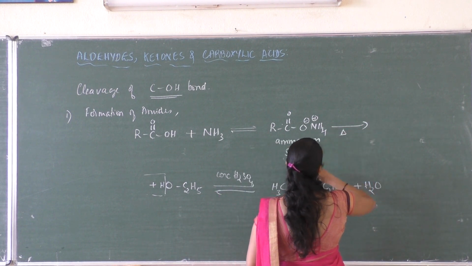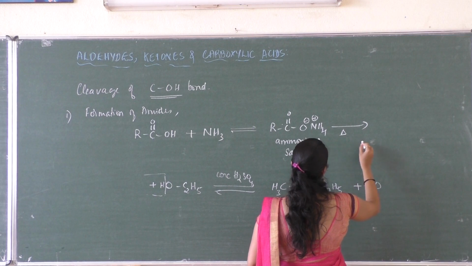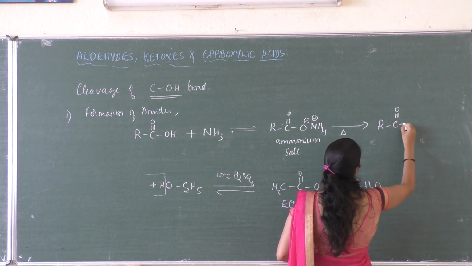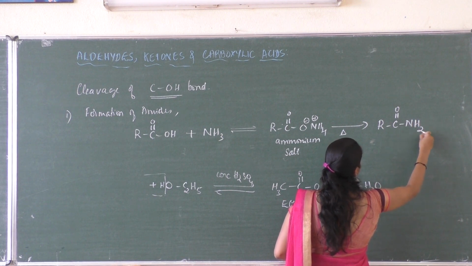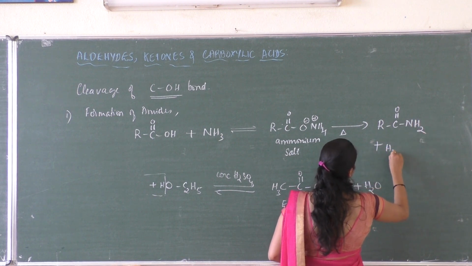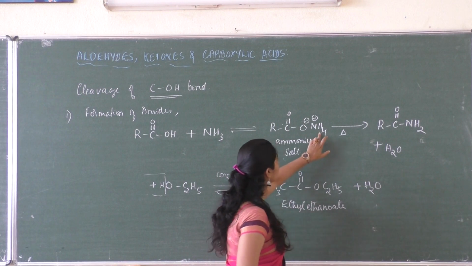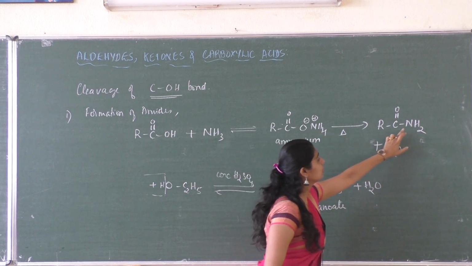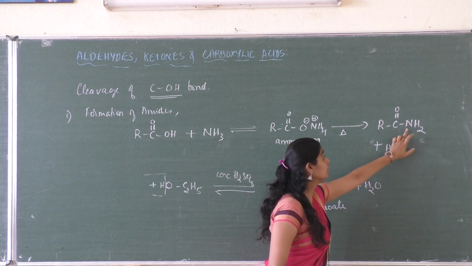When you heat that, a molecule of water gets eliminated so as to form RCONH2, plus H2O. So 2 hydrogen and 1 oxygen are lost, so as to form RC double bond O, NH2.